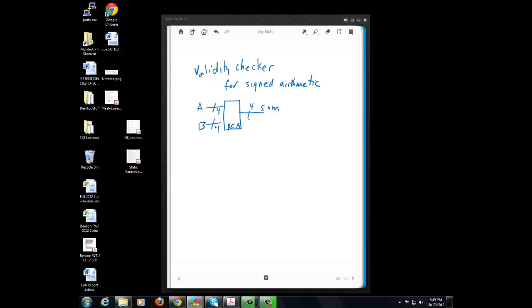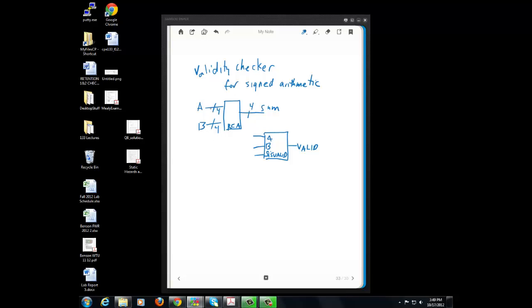How do we know if this sum is a valid sum? Well, we can create another module which we can call isValid, and we'll have an output of valid and inputs A, B, and I guess we'll call it S.